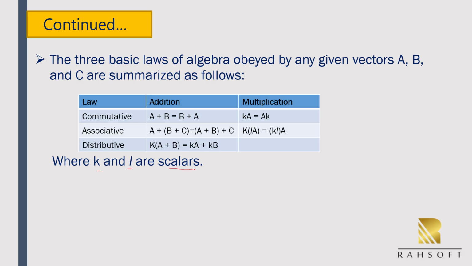So these are the three laws of algebra followed by any given vectors: commutative law, associative law and distributive law.